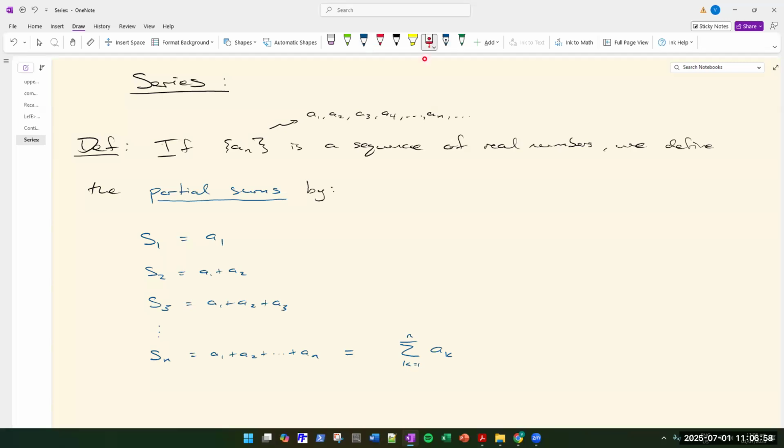We saw that from a sequence of real numbers, we can construct a new sequence. This is called the sequence of partial sums.